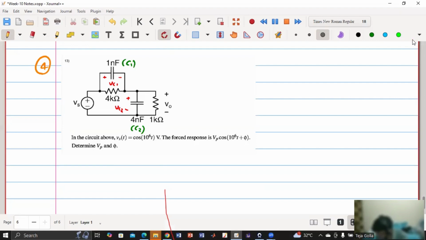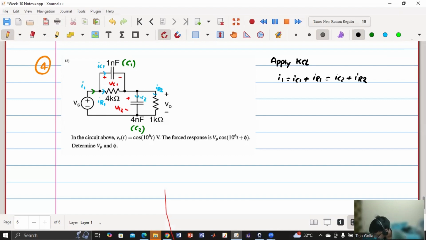Now let us see, the input current is I1. Here we have IC1, here we have IR1, here we have IC2, here we have IR2. If I apply KCL, then I1 is equal to IC1 plus IR1, which is again equal to IC2 plus IR2.